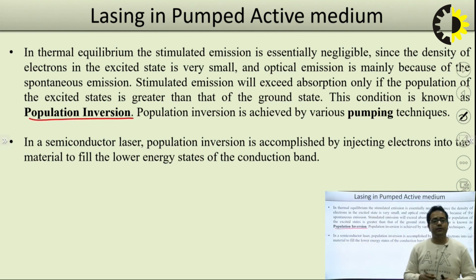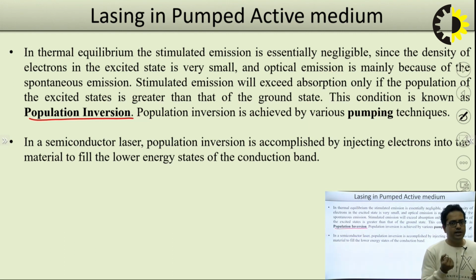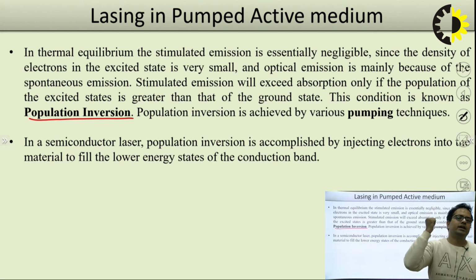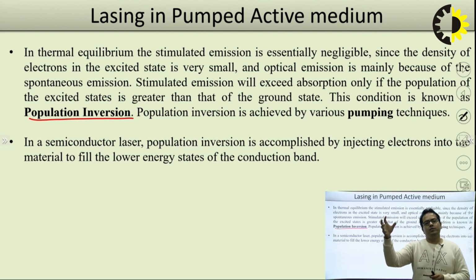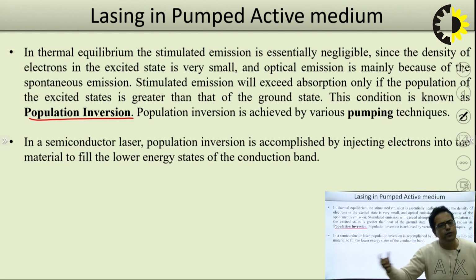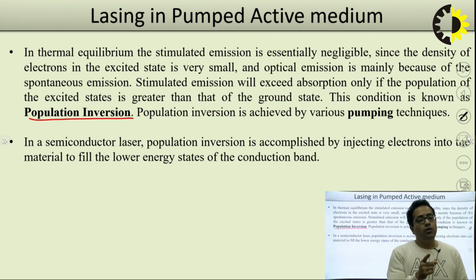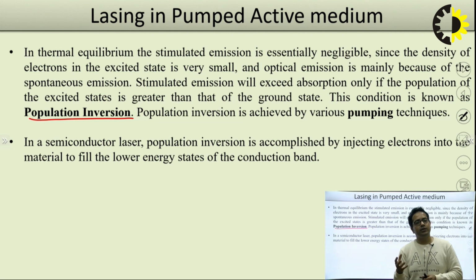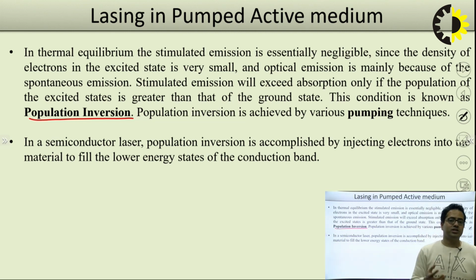We are pumping, providing some extra energy to most of the electrons present in the valence band. By gaining that pumped energy, they move to the conduction band, and this complete process is called population inversion. Why is it called inversion?